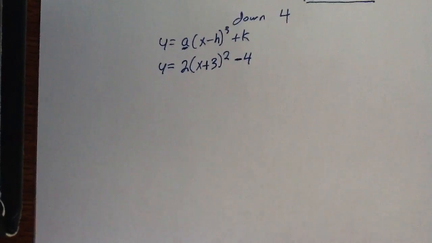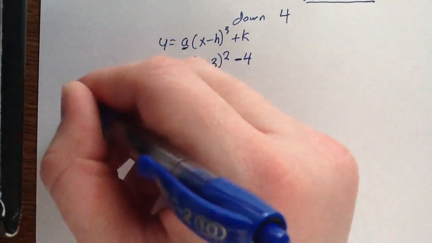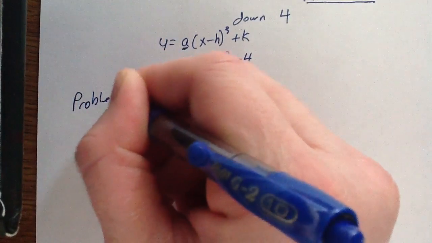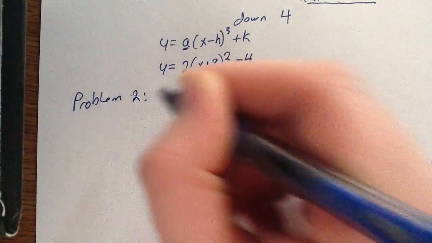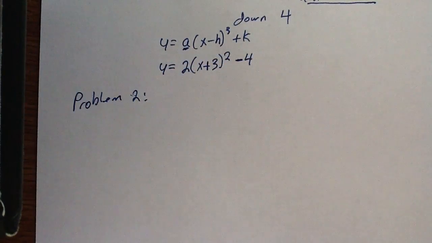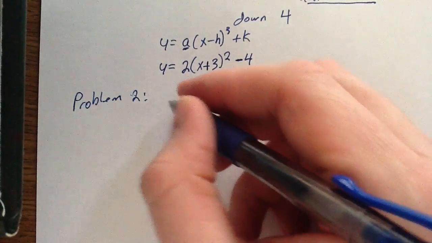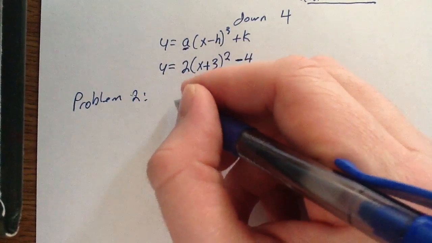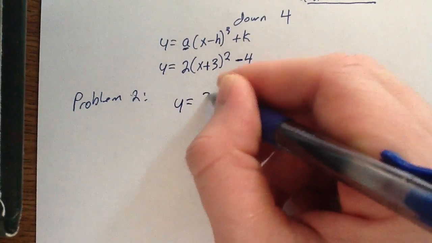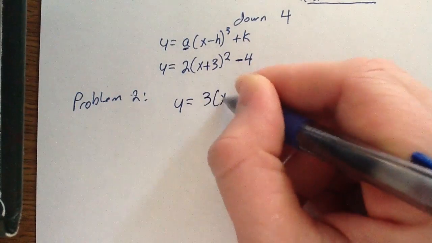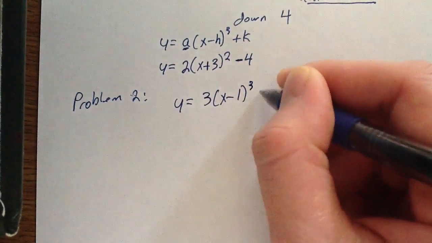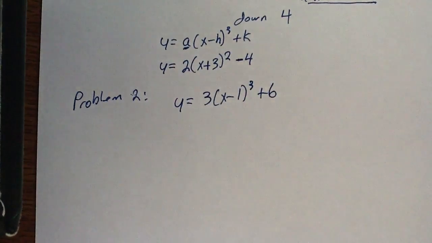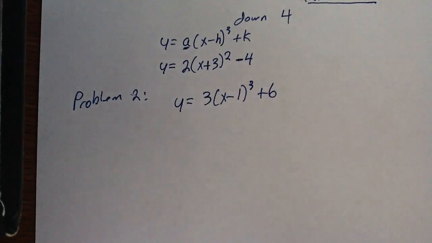The second type of problem in this lesson, we're going to be finding zeros again of cubics. So we've found zeros the past few days, and we're going to do it once more. So if we have the cubic y equals 3 times x minus 1 cubed plus 6, instead of expanding out that trinomial, we can actually just solve for it a lot easier.